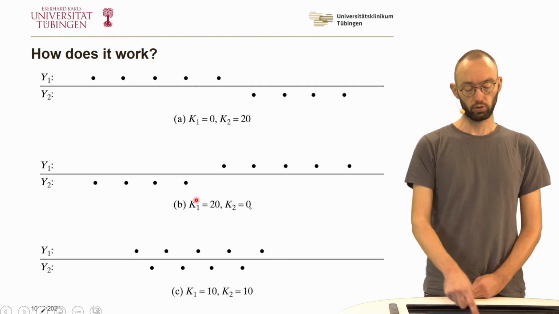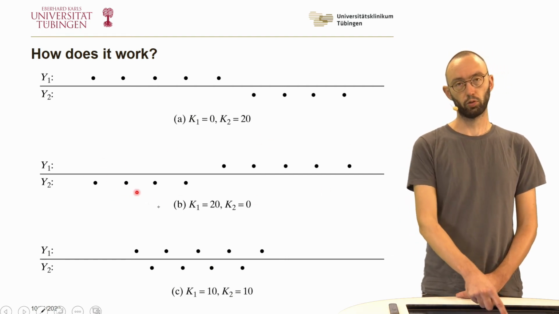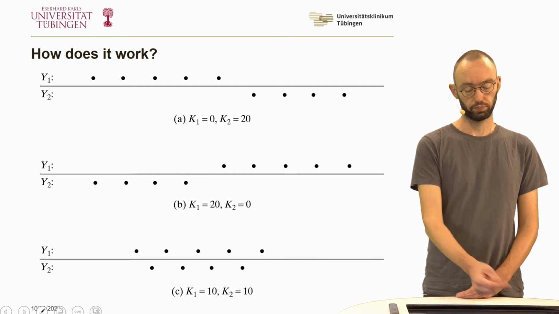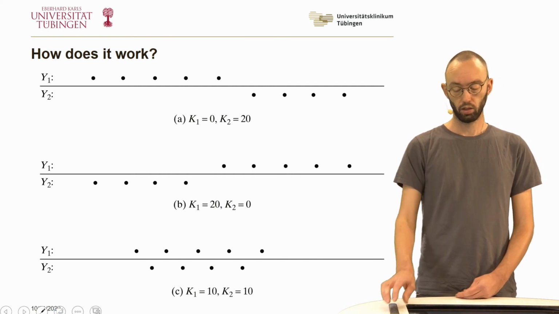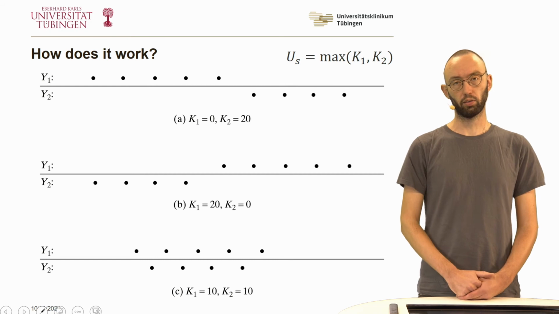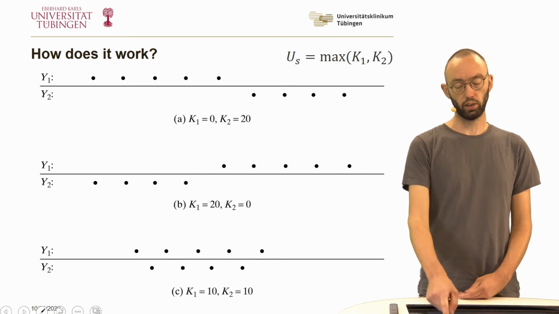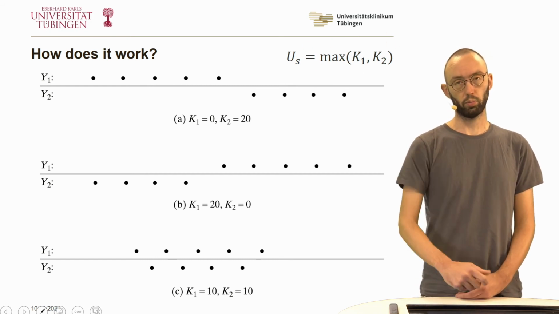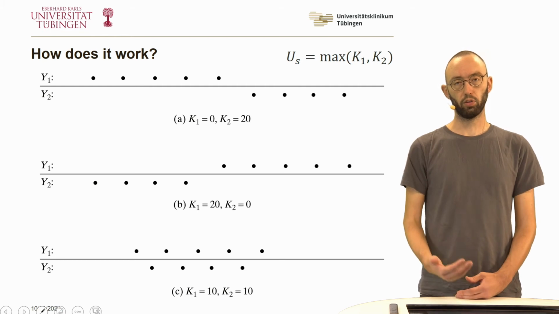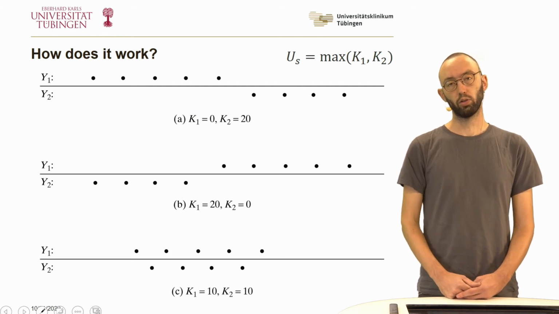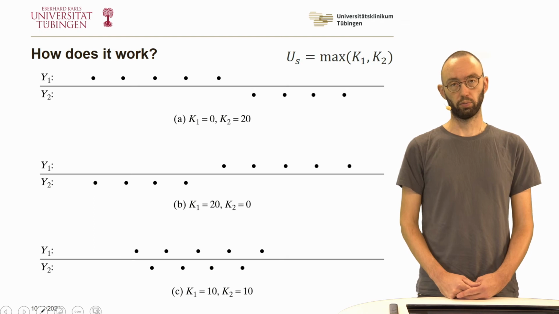If the two samples are reversed on the x-axis, then of course also the numbers are reversed. From this, we calculate the test statistic U by taking the maximum of these two numbers. And this measures the degree to which the two samples are shifted towards each other.